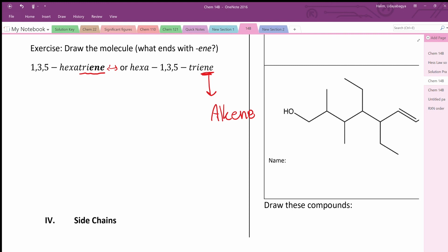So what is the longest carbon chain in this particular molecule? Hex, so 6, right? 1, 2, 3, 4, 5, 6. So that's our starting place.